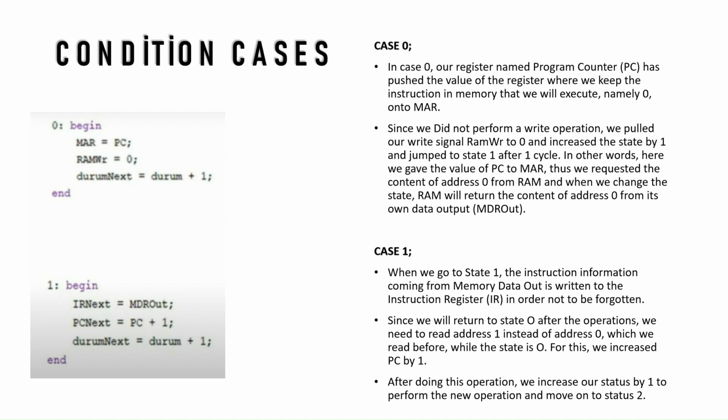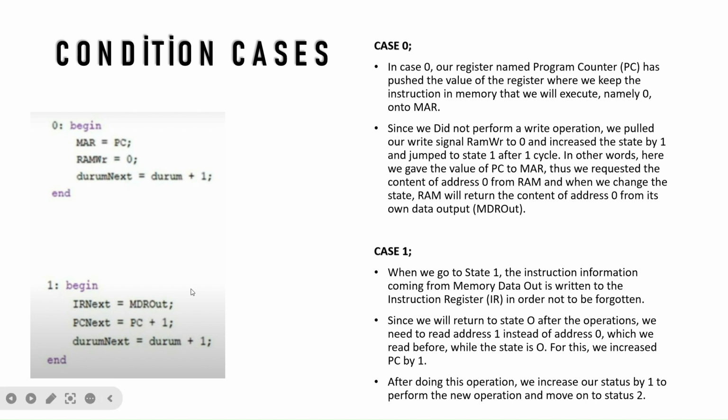Since we did not perform a write operation, we pulled our RAM write signal to 0 and increased the state by 1, jumping to state 1 after one cycle. In other words, we gave the value of PC to MAR, thus we requested the content of address 0 from RAM.